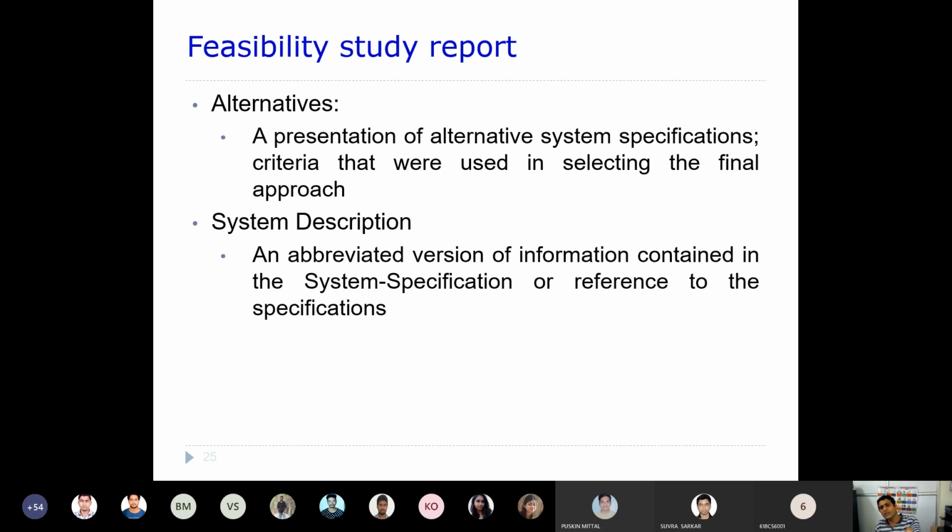What are the criteria used to select that particular alternative? That also needs to be mentioned here. And then the system description, an abbreviated version of the information contained in the system specification. Those things should be mentioned here, and if any references are required, you refer to the specifications of this system.